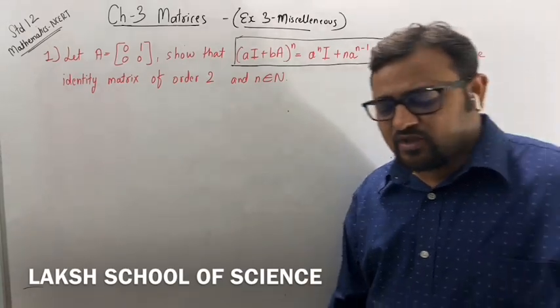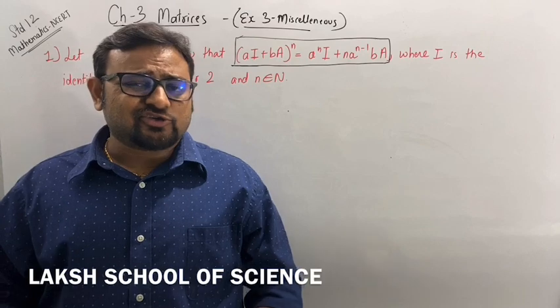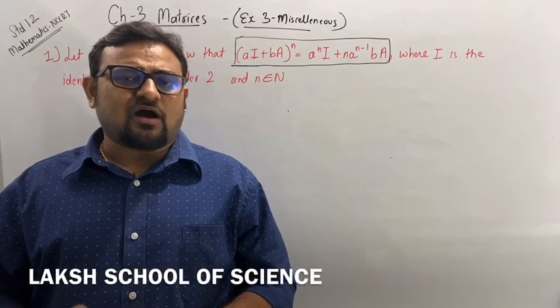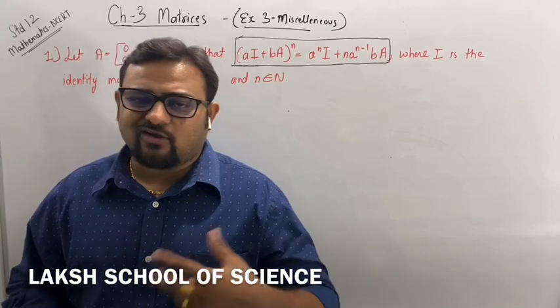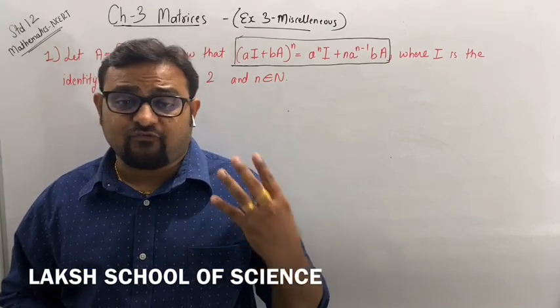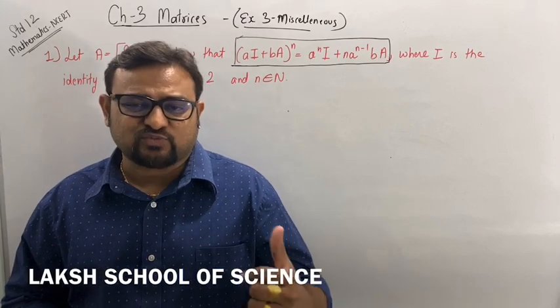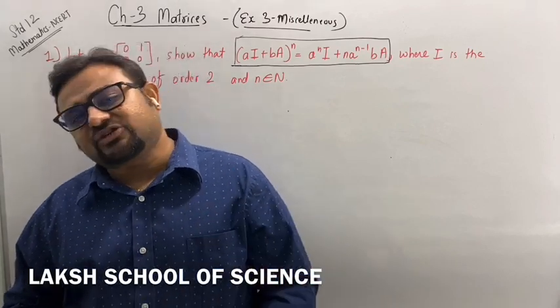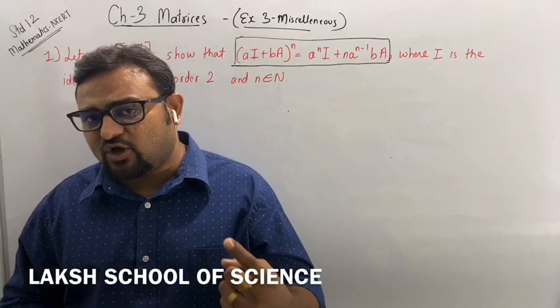Okay, so now this we will prove by using the principle of mathematical induction. If you recall, in chapter number 4 of standard 11 you had used this, the principle of mathematical induction. First, we take n equal to 1, meaning we take P of 1.